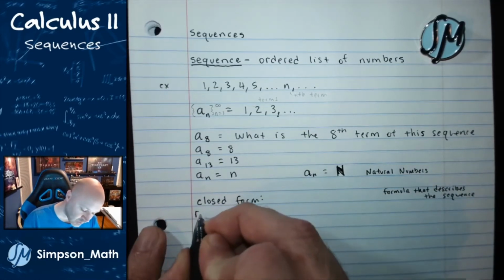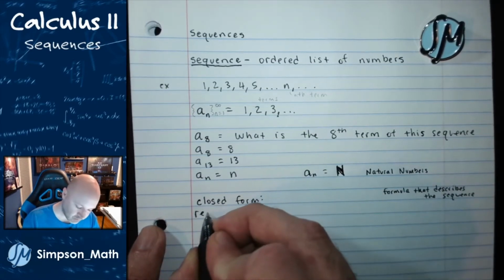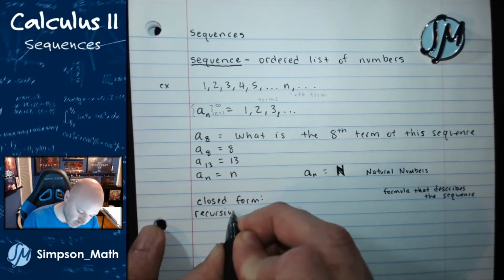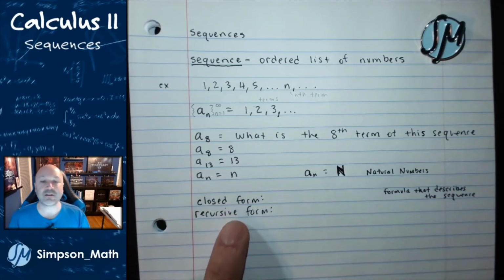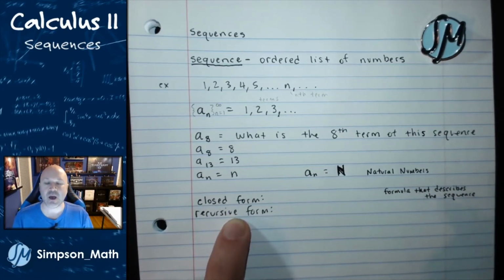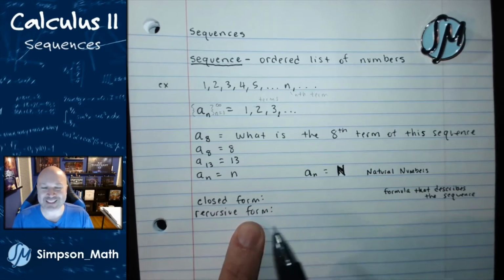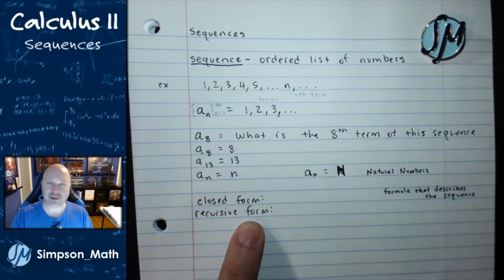There's also a recursive form. And though not as powerful as the closed form, the benefit of the recursive form is it's easy. The recursive form is based off the previous term in the sequence.